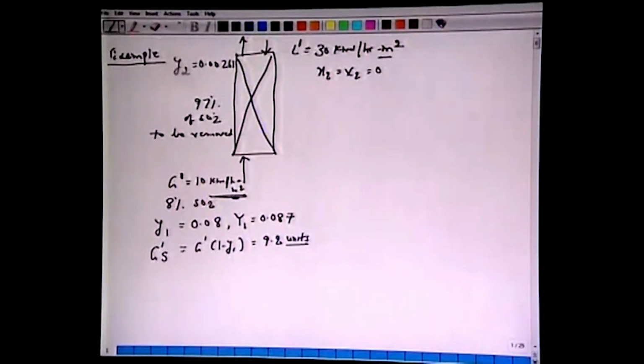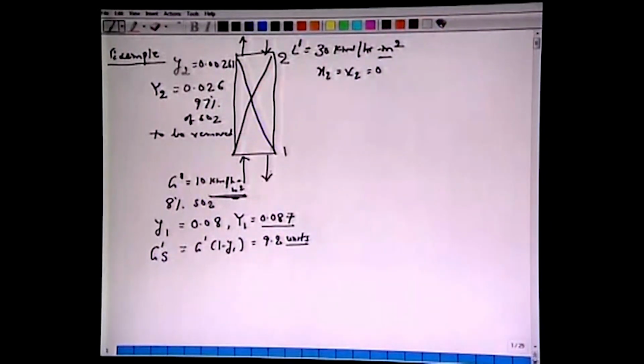So, this is 97%, that means 0.087 multiplied by 0.03, for 97% removal. So, remaining is 3%. So, we have y2, and then we can write capital Y2 as very close to 0.026. So, this is level 2, this is level 1.